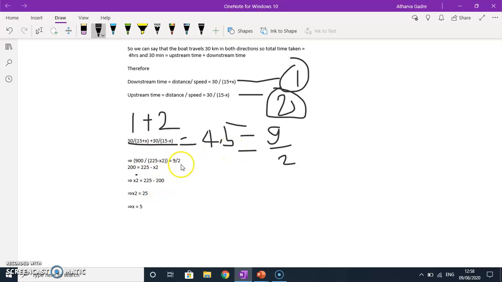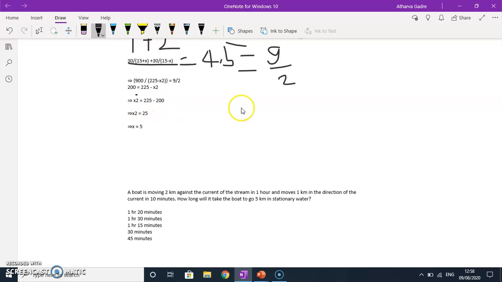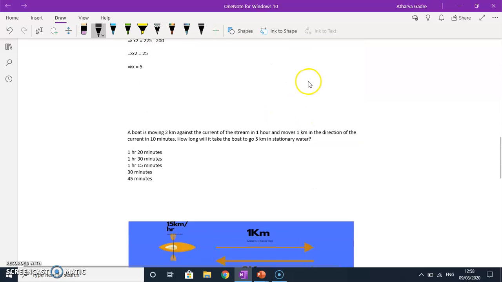When you solve this, you get 225 minus x square on the right hand side and 200 on the left hand side, as 900 is divided by 9, and 200 is multiplied by 2. So we take x square on one side and we get 25. When we take the square root of this, 25 square root is 5. So x is 5. So the speed of the river is equal to 5 kilometers per hour.